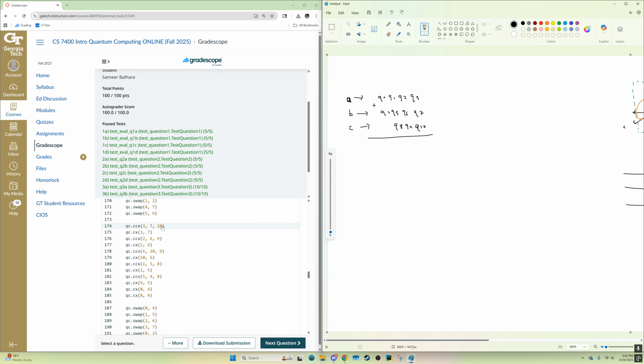In the first two lines, 174 and 175, I take Q3 and Q7, and if they are both equal to 1, the controlled-controlled-NOT gate, then I flip Q10. In the instance where I'm adding 1, 0, 1, 1 and 0, 1, 1, 1, we know the result is going to give us a 0 in this first part and then carry over 1.